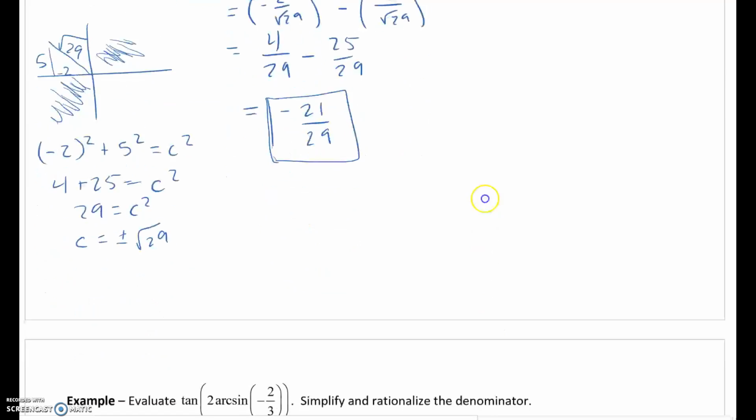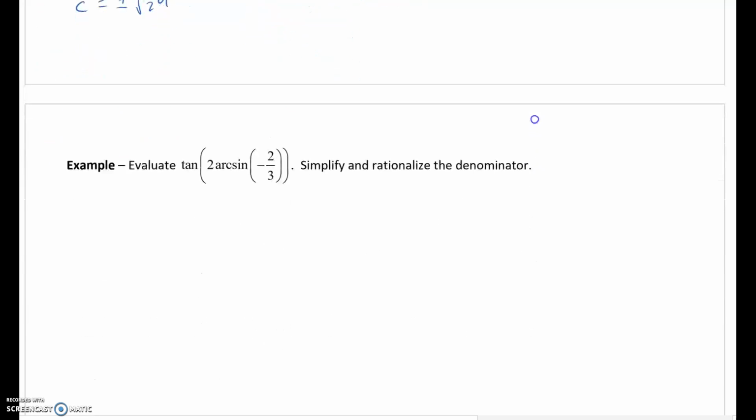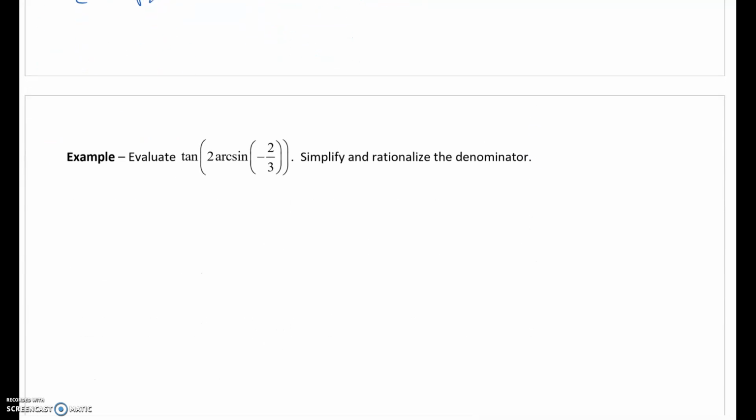All right, so next page. Same idea. We have evaluate the tangent of 2 times the arcsine of negative 2/3. So the arcsine of negative 2/3, this right here is an angle, right? When you take the arcsine of a ratio, it gives you an angle.